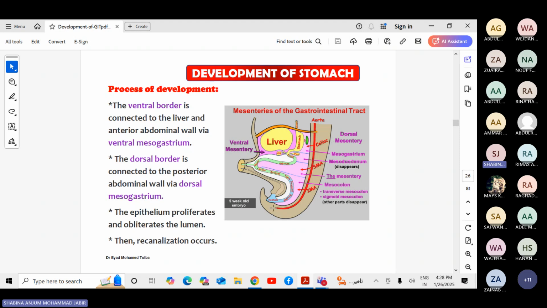Here you can nicely see that the whole gut tube has the mesogastrium in pink color, anteriorly ventral and posteriorly dorsal. Slowly, with rotation of some of the organs or gut tube, this mesogastrium or mesentery disappears. If it remains, it will be in the form of some ligament or omentum, which we will see.